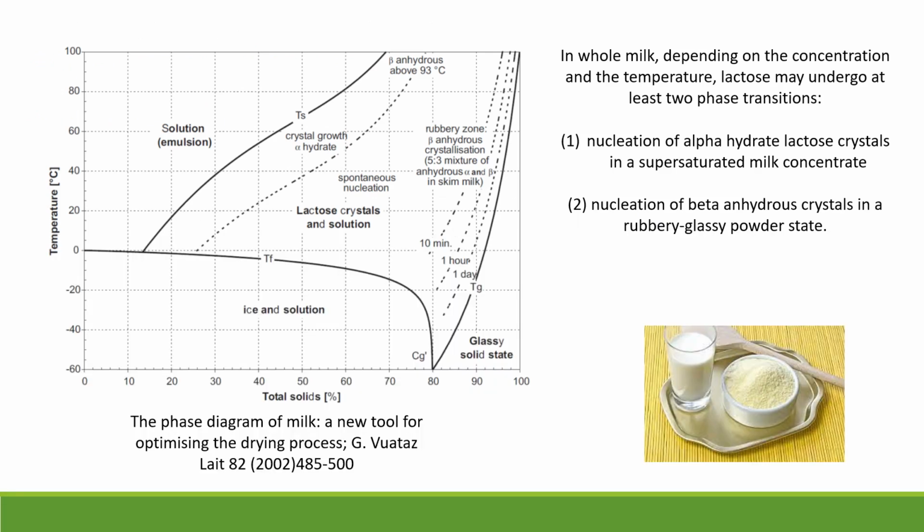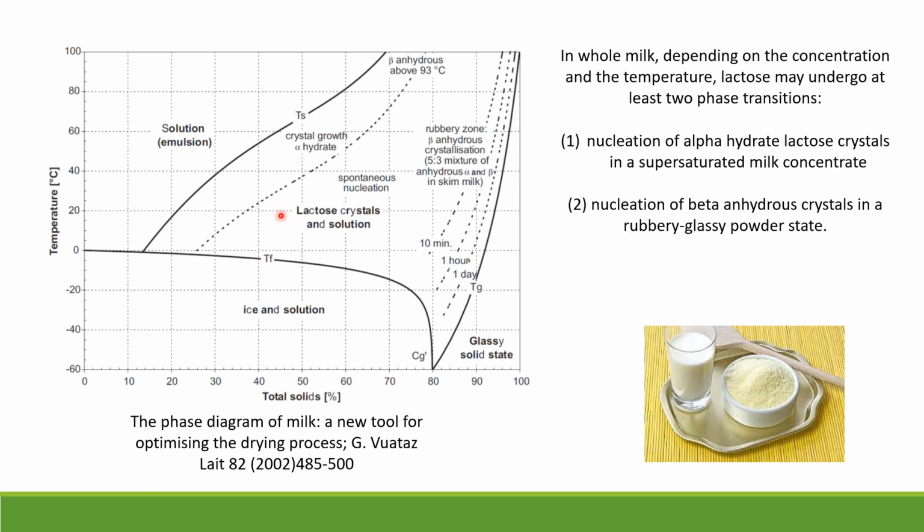This is the diagram for milk, the phase distribution and the important temperatures when I'm trying to go from milk to powdered milk. If I want to dry the milk to get powdered milk, that afterwards I can rehydrate to have milk again, that's what I find.